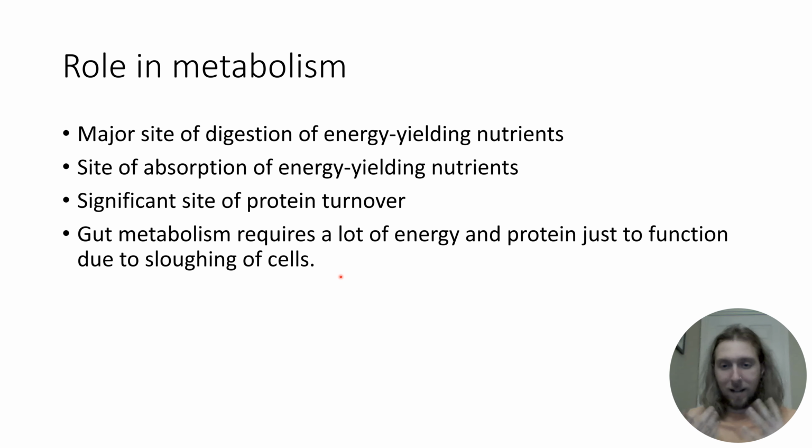The intestines have to resynthesize a lot of protein on a daily basis. It's like they are going through continuous repairs, whether that's due to the catabolic process of digestion, or it's the process of resynthesizing new protein. All of it is costing the gut a lot of energy and protein to function.